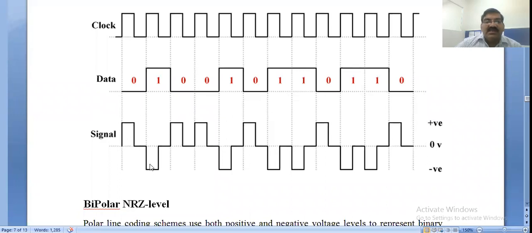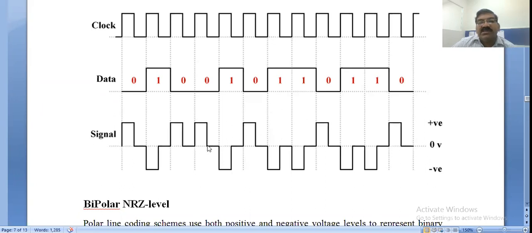So it is negative, then it returns to 0, and if there is no change, it will remain the same. If there is 0, then 0 remains the same. If there is 1, it will go this way. If there is 0, this way, positive side. If there is 1, then this negative pulse represents the 1, and this represents 0.